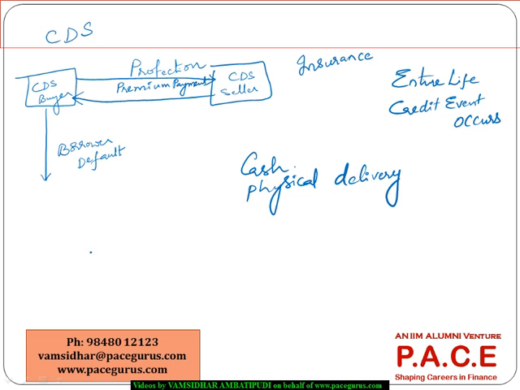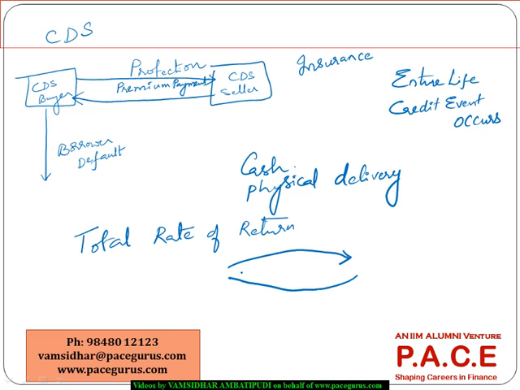The same logic applies when you say total rate of return swaps. Just like a credit default swap, I can talk about total return swaps or total rate of return swaps. It is primarily again an agreement where the reference asset, which is a bond, is taken, exchanging the total return of the bond for the floating rate LIBOR plus a spread.